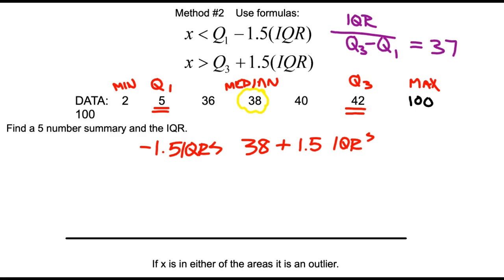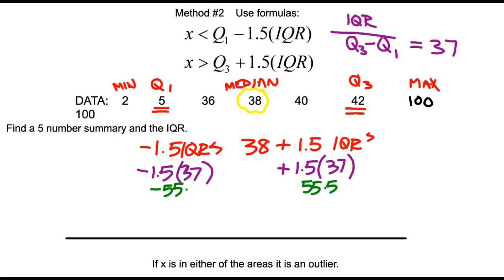Okay, so you're going to take 38 plus 1.5 times 37 and minus 1.5 times 37. So, yep, you're right. That would be 55.5 and minus 55.5.